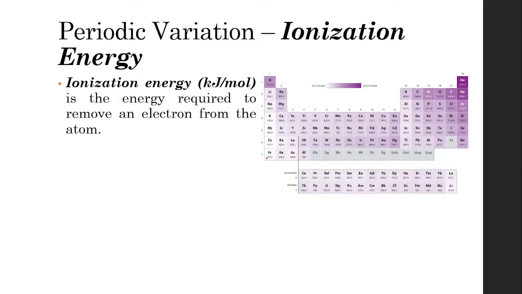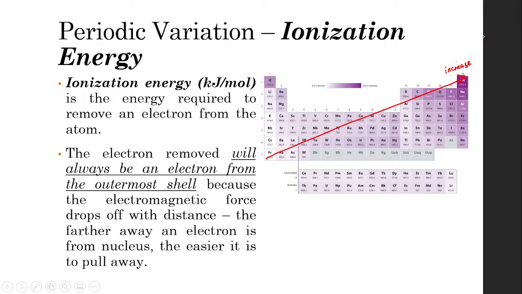As we go from left to right, the ionization energy increases, and as we go from bottom to top, the ionization energy increases. So let's just remove this and imagine that the ionization energy is increasing towards this direction. Okay, so left to right increase, down to up increase.